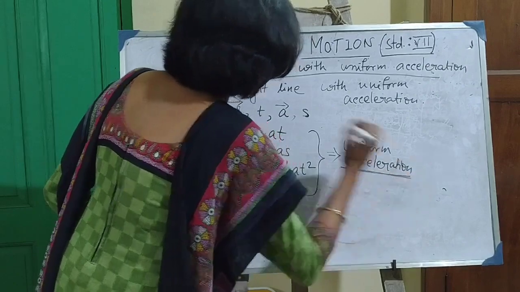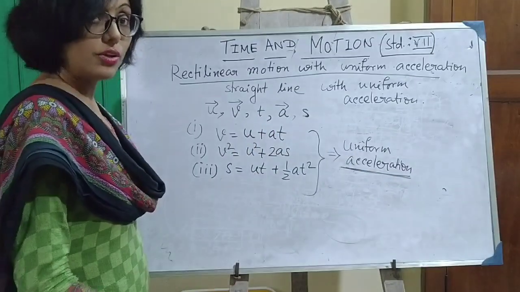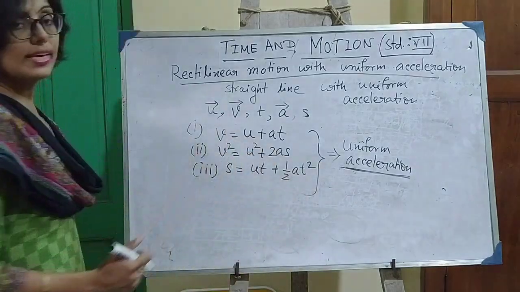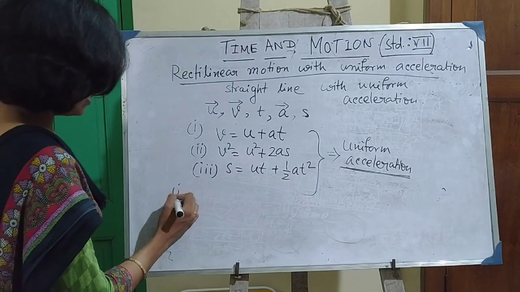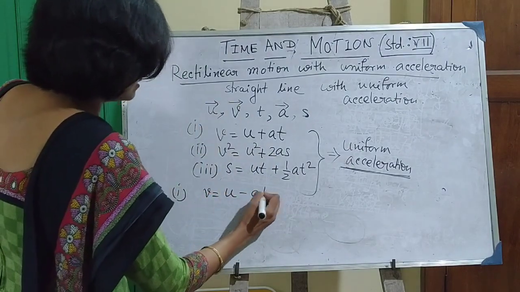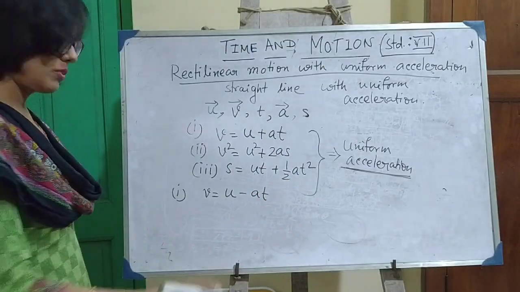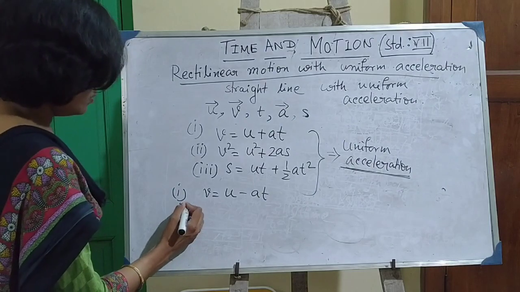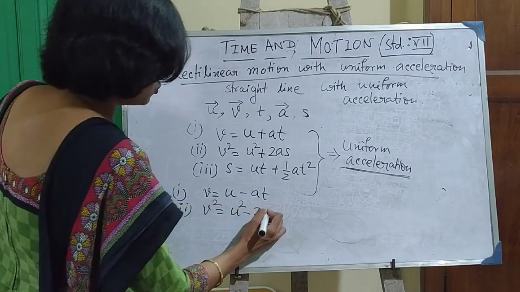Okay, acceleration. If the body is moving with uniform retardation or uniform deceleration, then we get the equations of motion, and those are number 1, v is equal to u minus at, because deceleration is known as negative acceleration. Number 2, v square is equal to u square minus 2as.